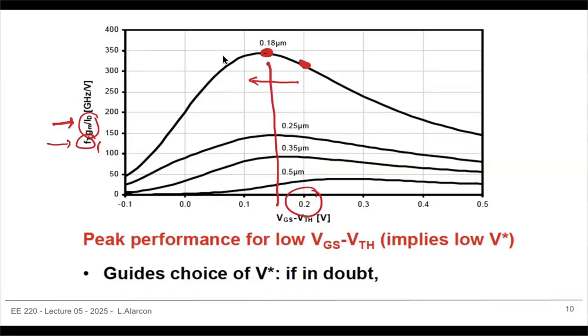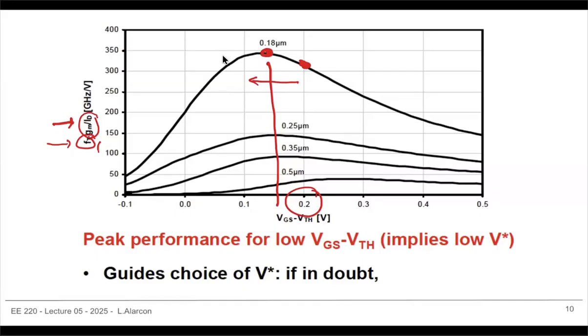So it's really key. If I want to use V star, not only do I want to look at energy efficiency, but it has to be coupled with the fact that this is going to affect the bandwidth or the speed of this particular transistor, and obviously that affects the bandwidth and speed of whatever circuit you're building.